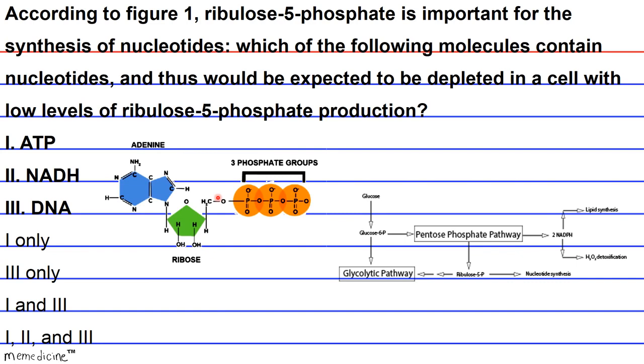Adenosine triphosphate consists of adenosine, an adenine nucleotide attached via a glycosidic bond to the 5-carbon sugar ribose, and it's bonded to 3 phosphate molecules, the ribose that is, okay? So yeah, this is a nucleotide as well.